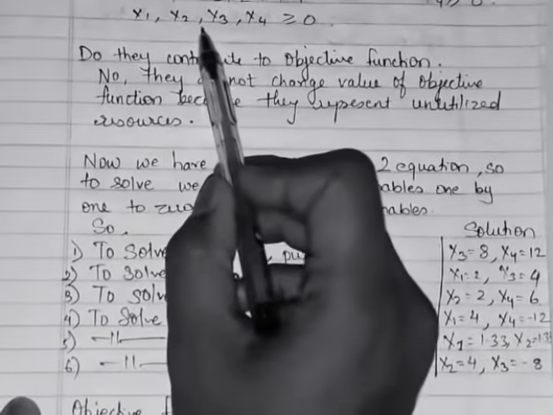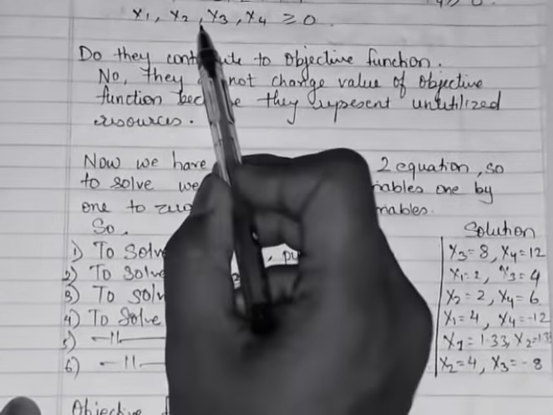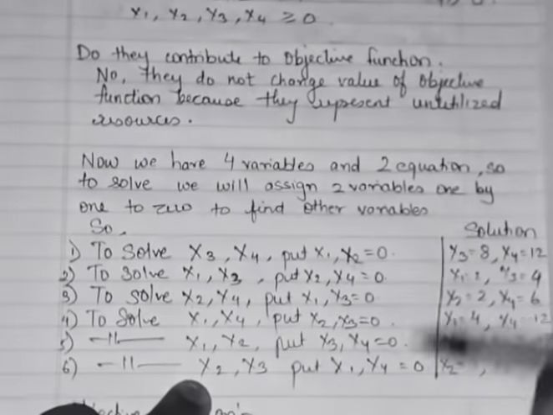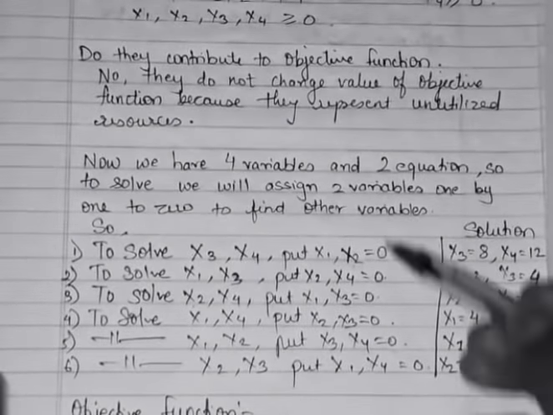To solve for x2 and x4, I will take x1 and x3 as 0. To solve for x1 and x4, x2 and x3 as 0. To solve for x1 and x2, x3 and x4 as 0. And to solve for x2 and x3, x1 and x4 as 0. In this way, I'll find all combinations of the variables with the answers.